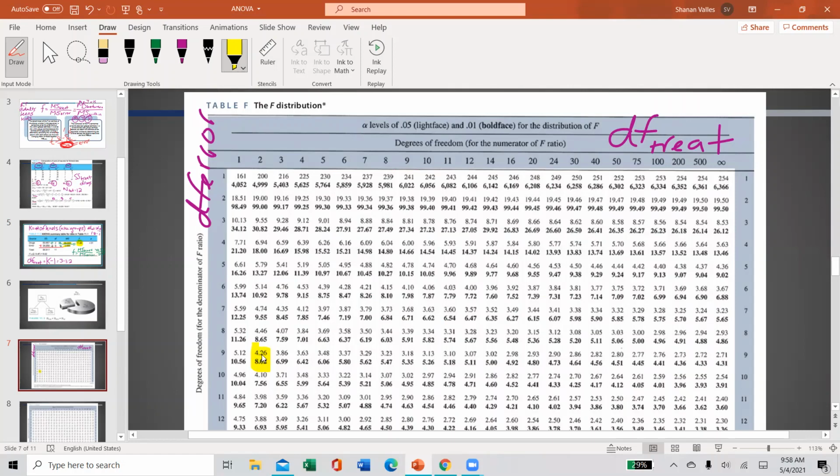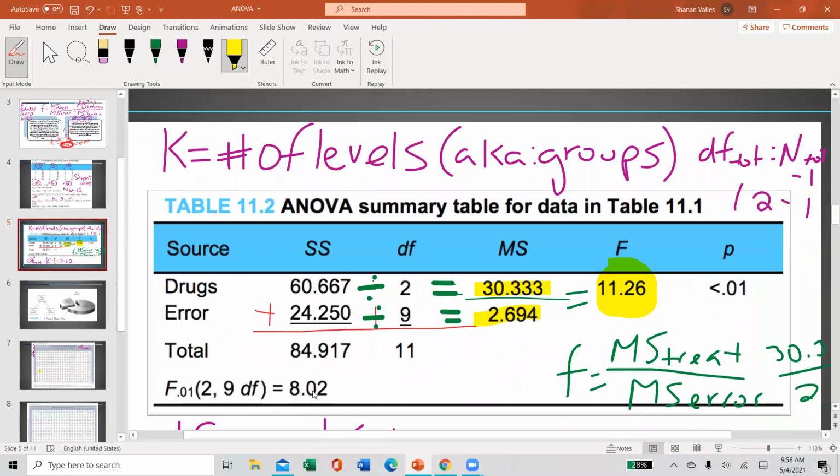But of course, if you have a value that even exceeds the 0.01, we'll go with that too, right? Because we know, oh, wow, that's really good. Okay, so I don't want to confuse you on why he listed here the 0.01 and went with it. You certainly could do the 0.05, or you know what I mean? That's still significant. Okay.